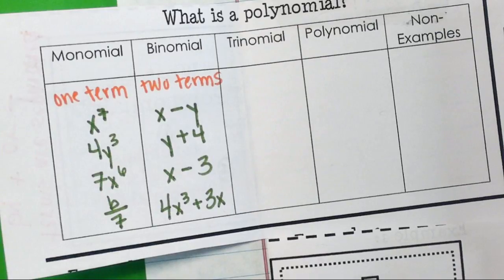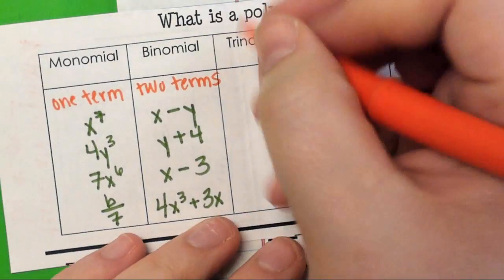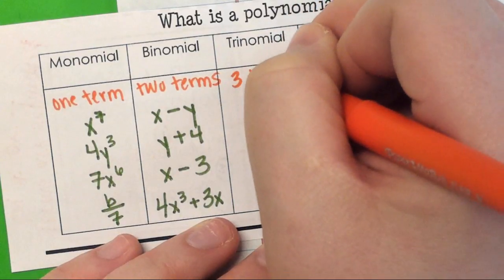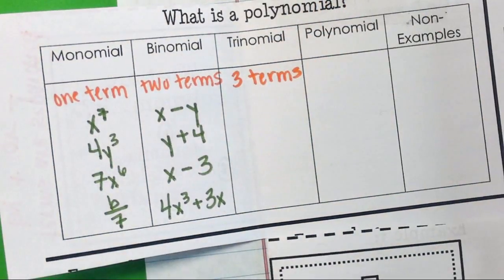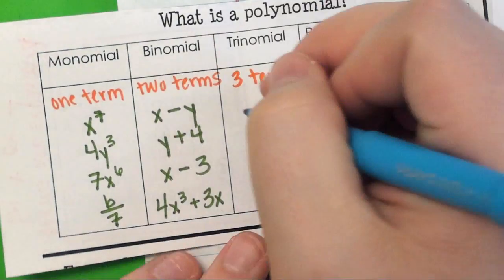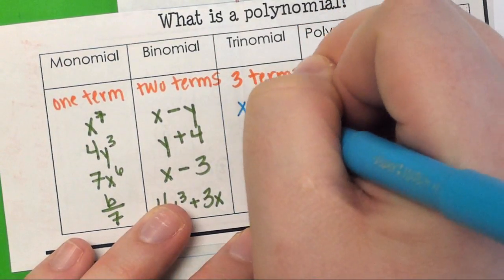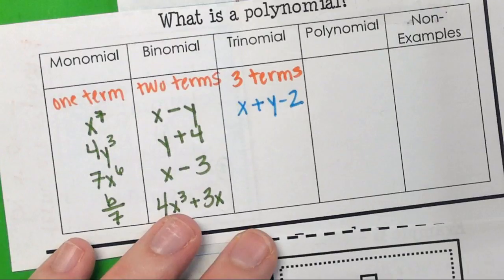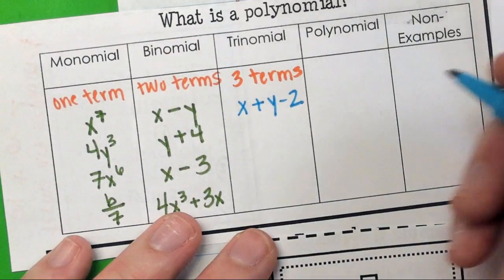Okay, and then trinomial is three terms. So, for instance, x plus y minus 2, that's 1, 2, 3 terms.